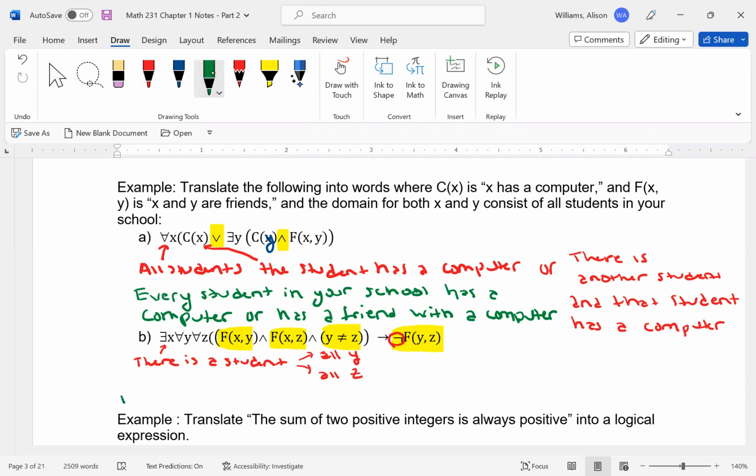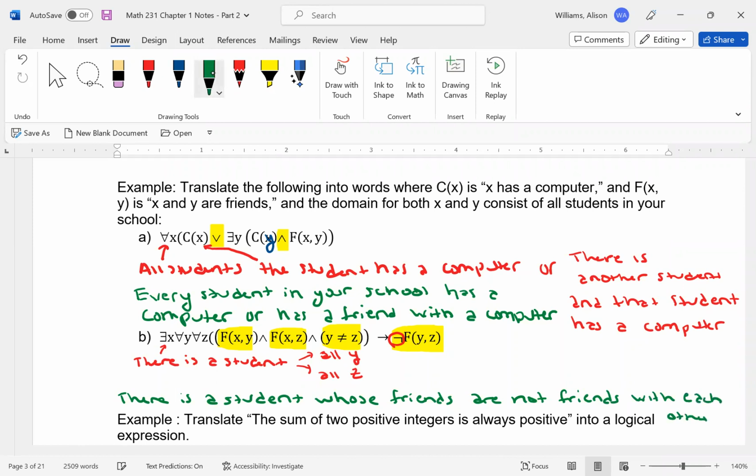There's a student whose friends are not friends with each other. That's what that says. The student whose friends are not friends with each other. A little differently, they said there is a student, none of whose friends are also friends with each other.